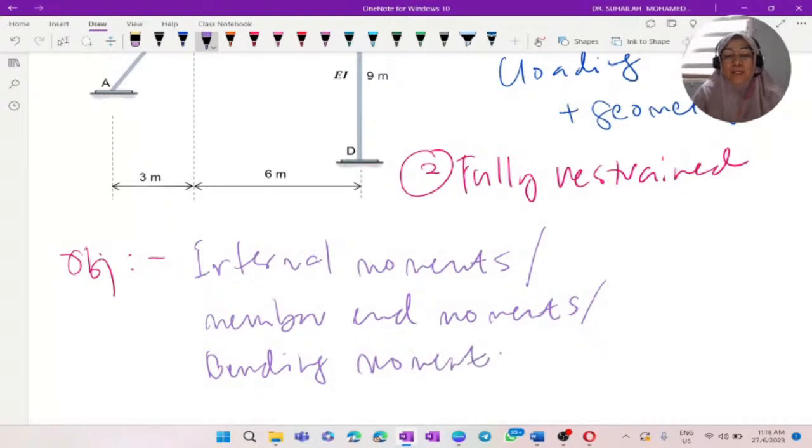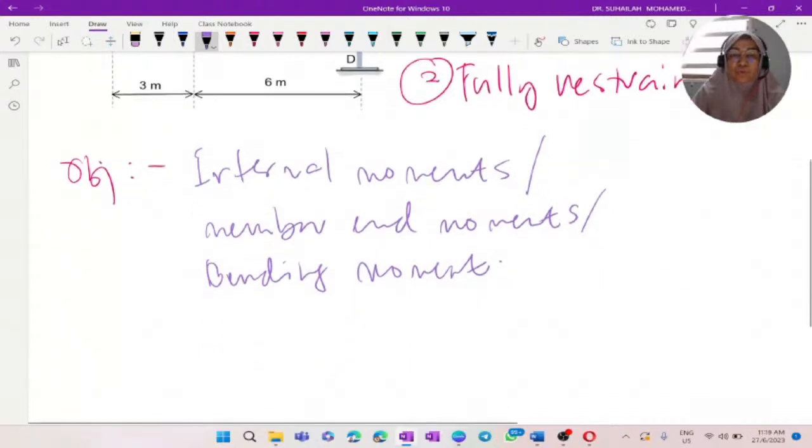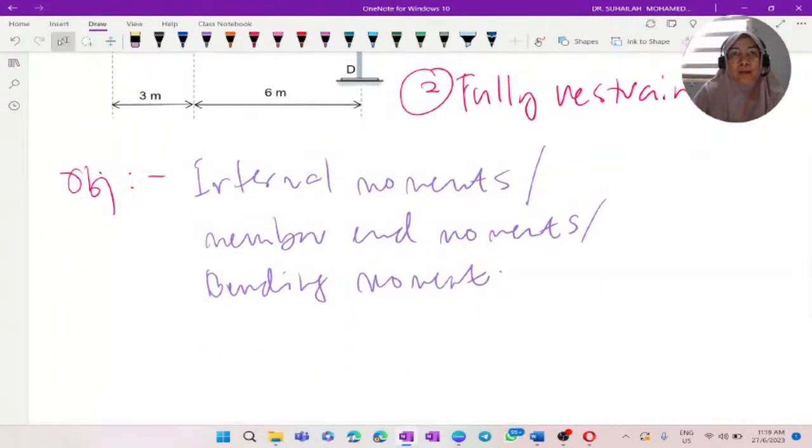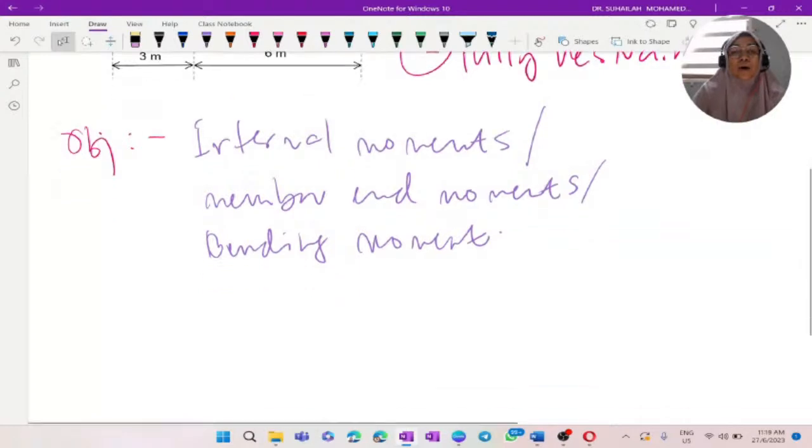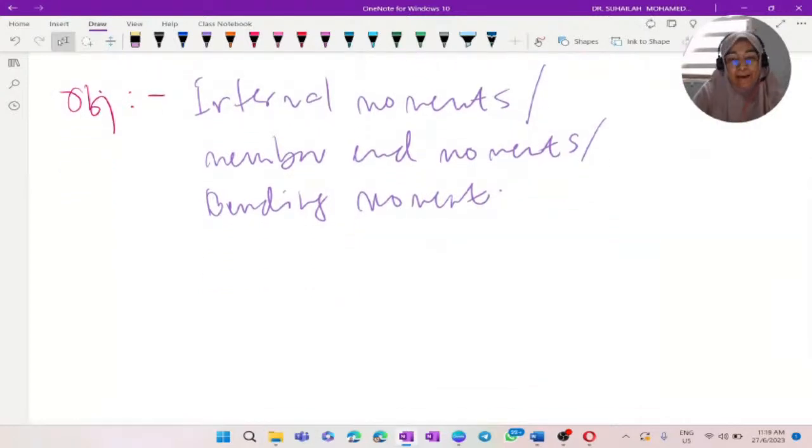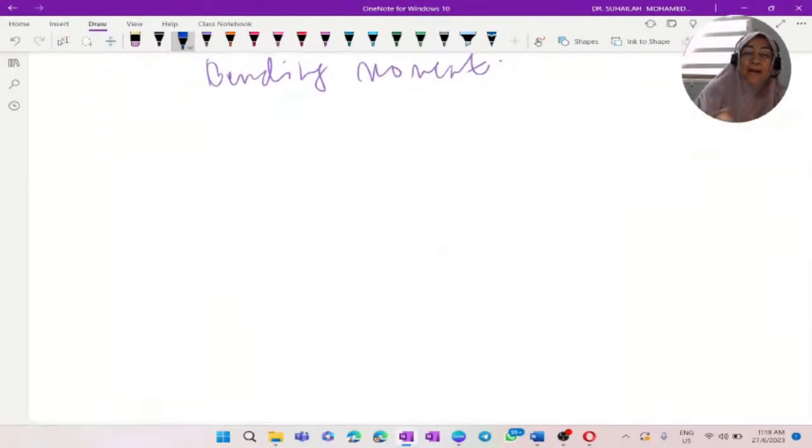So what is internal moment? Internal moment, member end moment or bending moment refers to the moment that occurs at each end.